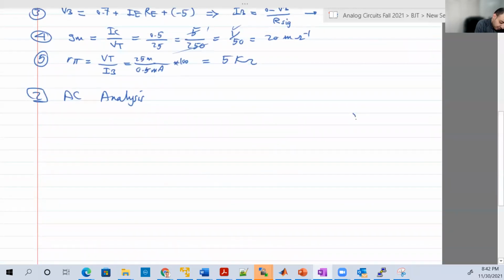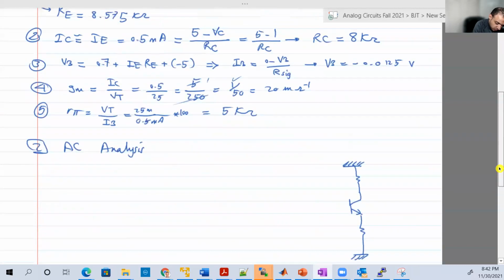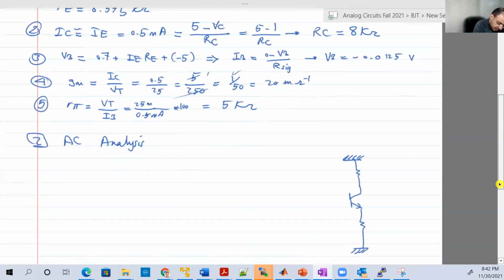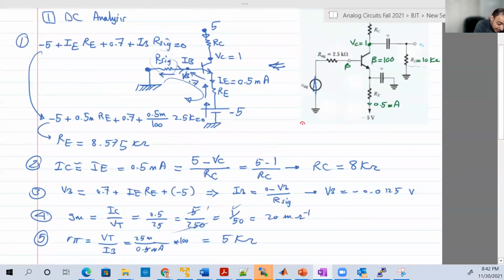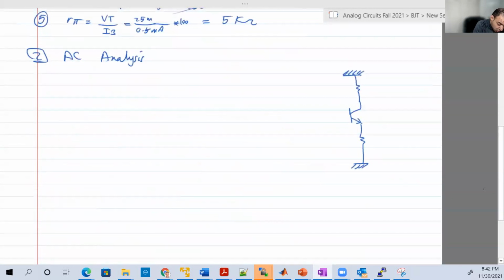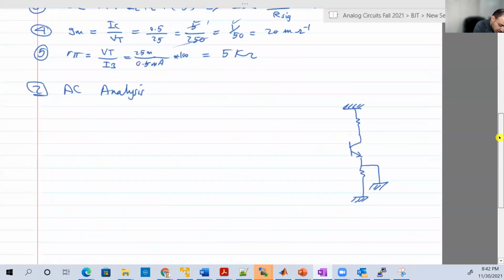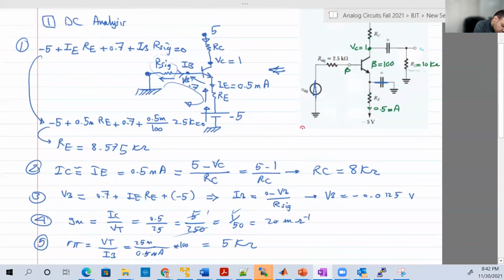So we're gonna have RC. This will be ground. RE and then a ground. And this capacitor will be short as well. So we're going to have a branch like this. And then this will be short.